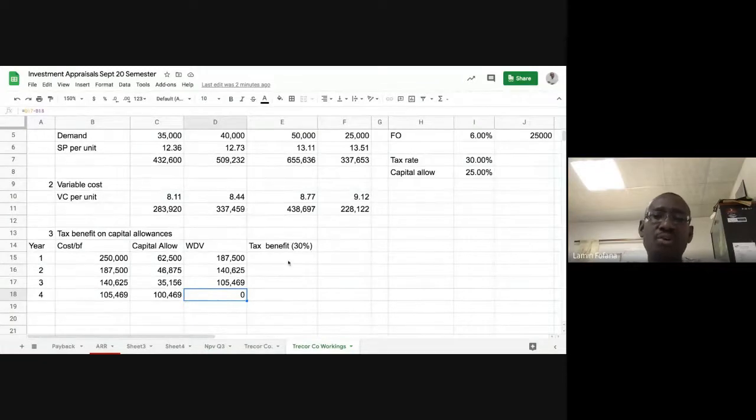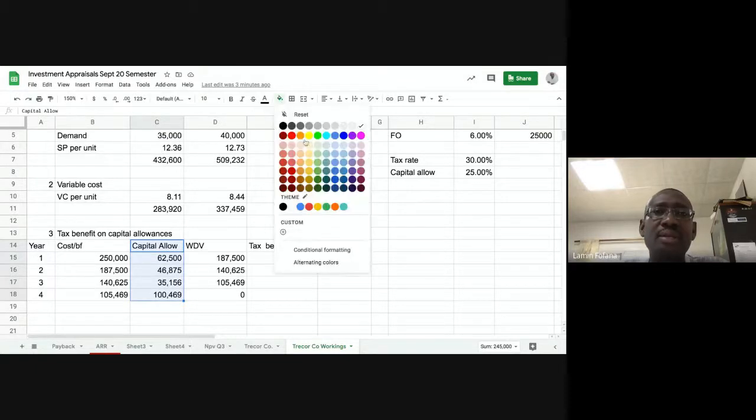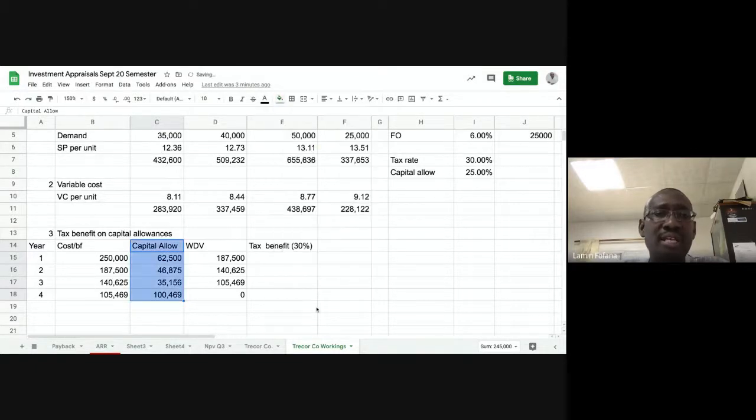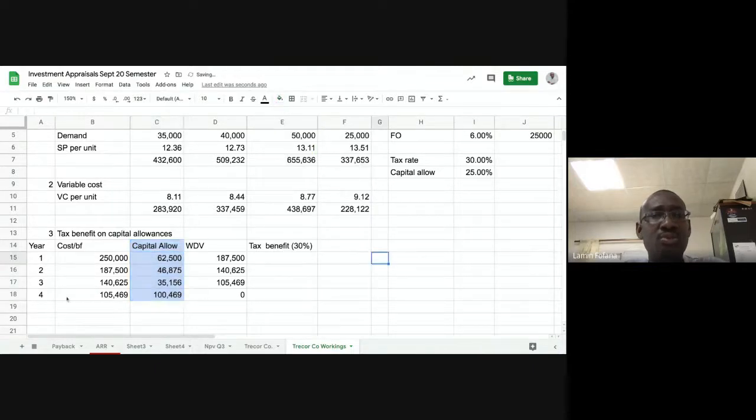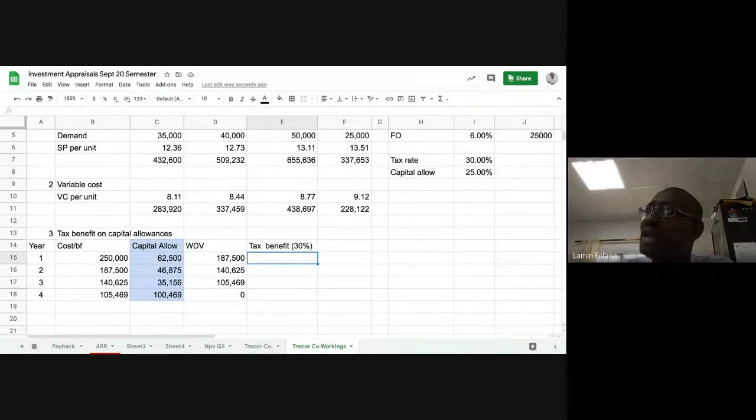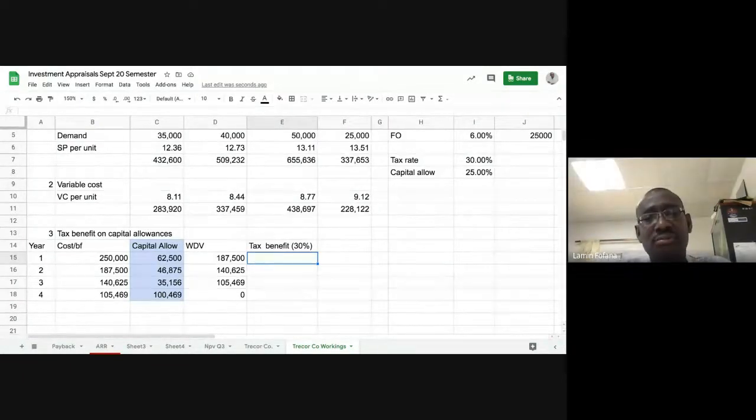Okay. So now what we are interested in is the capital allowances. Let me highlight them, because we are going to get our tax benefit on the capital allowances. So every year we're going to get a tax benefit of this much. We're going to calculate our tax benefit at the same rate as the tax cost.